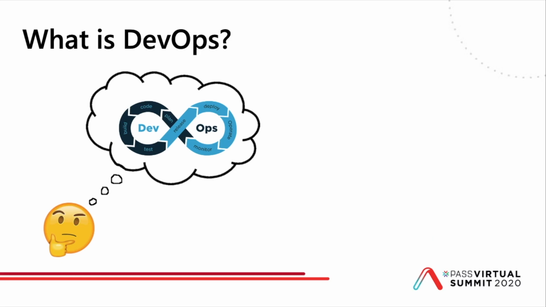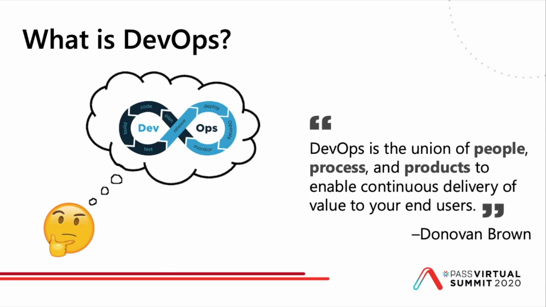DevOps is the combination of cultural philosophies, practices, and tools that increases an organization's ability to deliver applications and services at high velocity. I know there are lots of definitions of DevOps available on the web, but I think this one from Donovan Brown from Microsoft is really good. So I just wanted to include that definition on this slide.